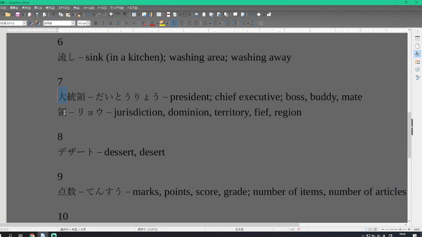Ryo. Jurisdiction, territory, fief, or region.